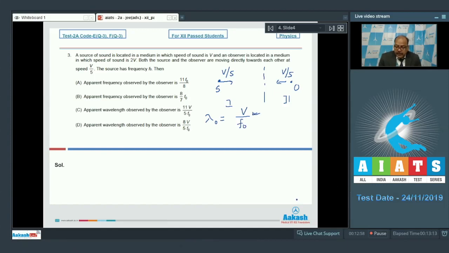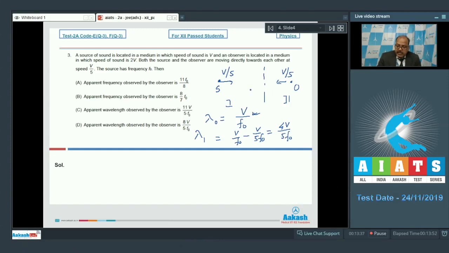Because of motion of the source, the wavelength is reduced, and the wavelength in medium 1, let's call it lambda 1, will be equal to lambda naught, which is V by F naught, minus distance traveled by the source in one time period, and that distance will be equal to V by 5 F naught. The time period will be 1 by F naught, and this value is 4V by 5 F naught.